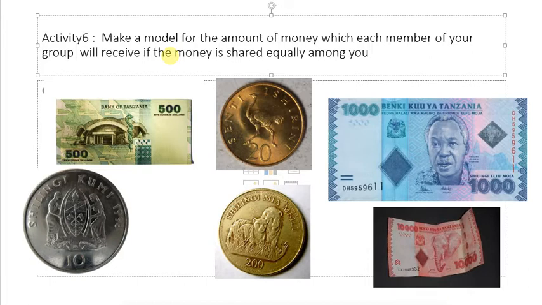In this case, you should make a group with people, and the advice is to make a group of 5, but it may happen a group may have 5 or 6 or 7. It is okay. Now, in your group, make a model so that the money can be distributed equally among you.